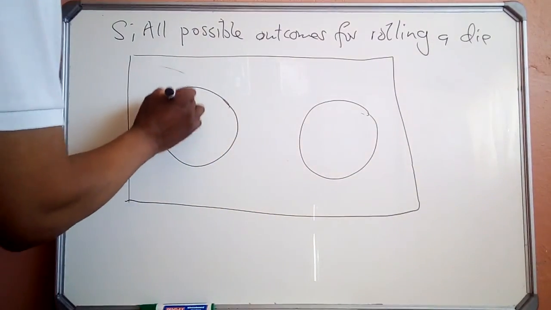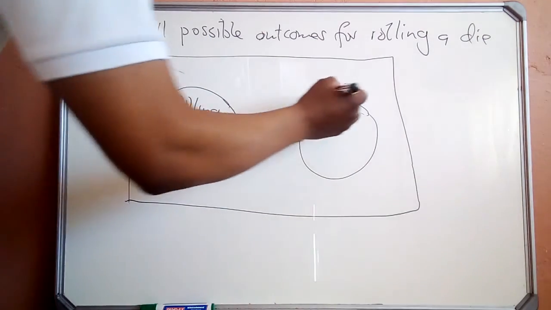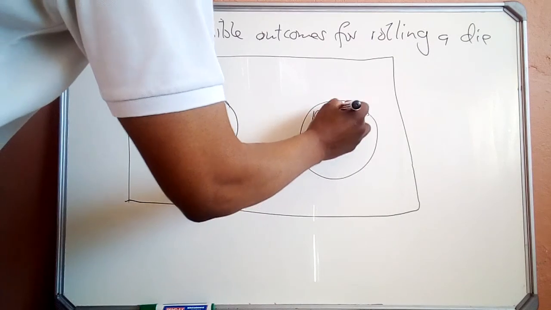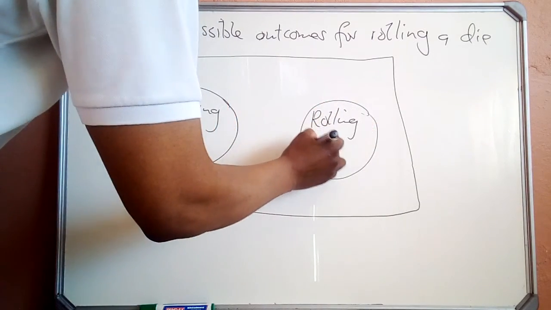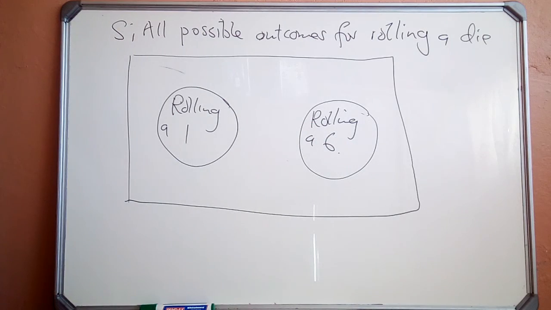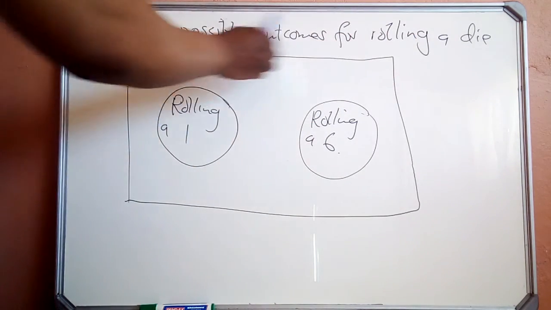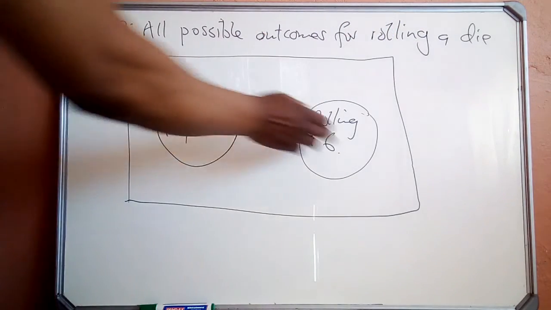This one is rolling a 1, and this one is rolling a 6. These are the 2 events that we want, but we know that all the possible outcomes are not only 2.